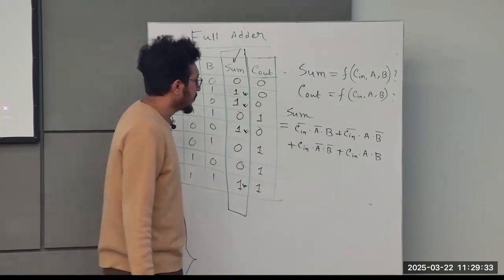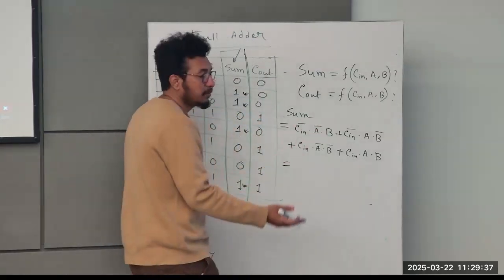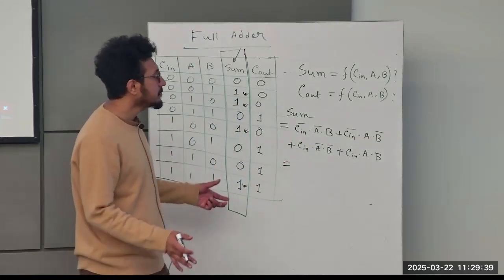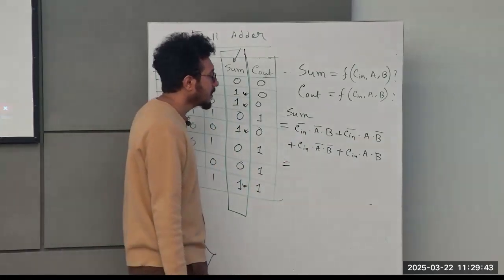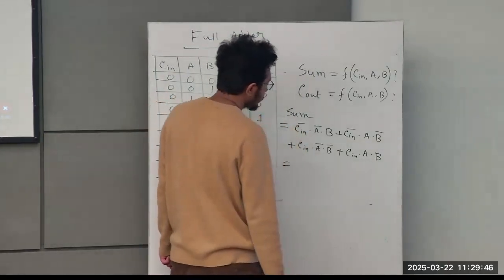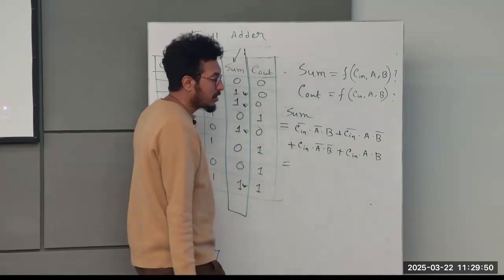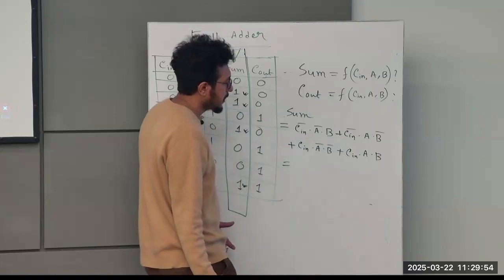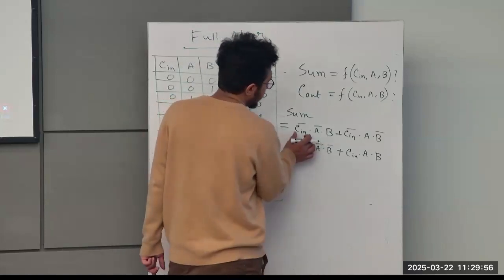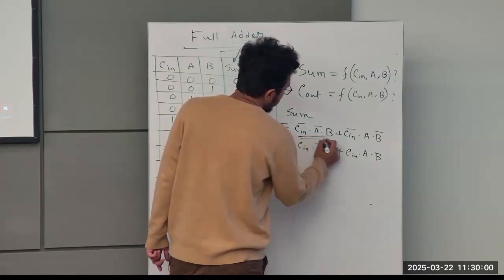But actually, the function looks really complex. We can minimize or simplify the function a little bit. How can we do that? For example, we can take common factors, just like in any mathematical function. Look at the first two terms.